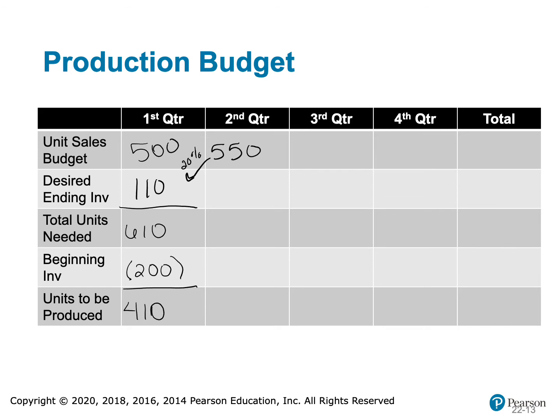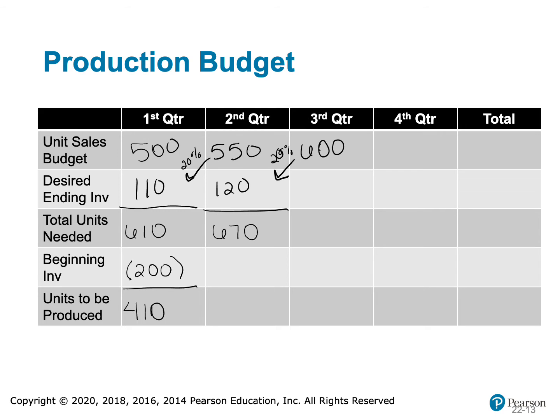So let's try quarter two. So we already know that quarter two's estimated budgeted sales are 550 units. We want ending inventory equal to 20% of the next quarter sales. So that's 20% of quarter three sales. So quarter three sales are estimated to be 600 units. So 20% of 600 is 120. So in quarter two, I need a total of 670 units.